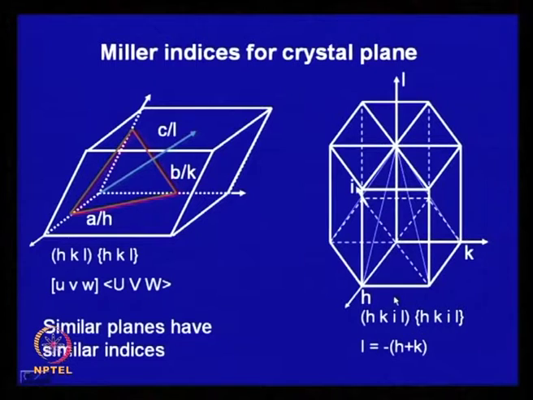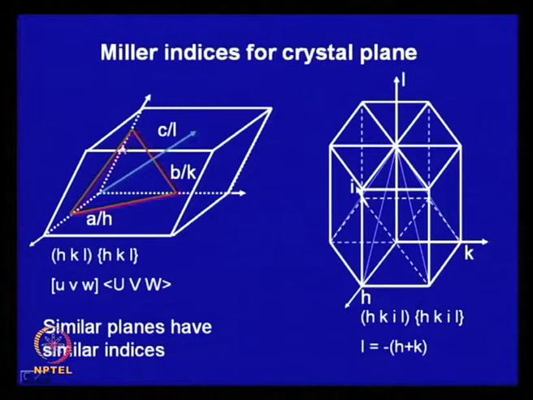We also looked at Miller indices for crystal planes. Say these are the crystal axes A, B, C, and you represent a plane in terms of its intercepts: a plane which intercepts the A axis at 1 over h, the B axis at 1 over k, and the C axis at 1 over l.